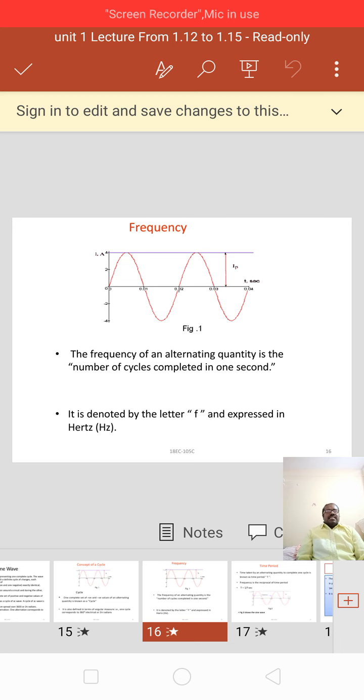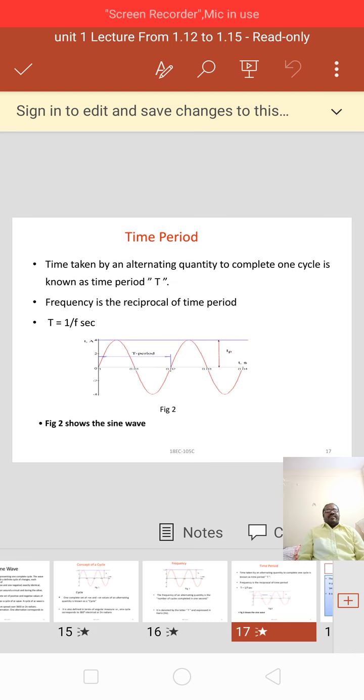It is denoted by the letter small f, and the unit of frequency is hertz, that is Hz. This is the concept and definition of frequency.